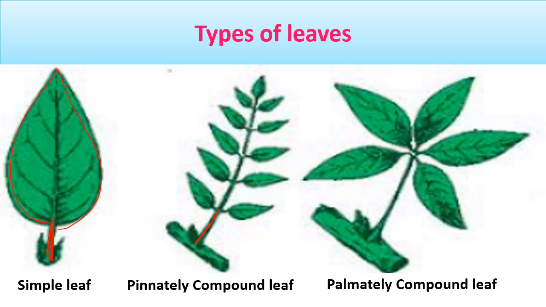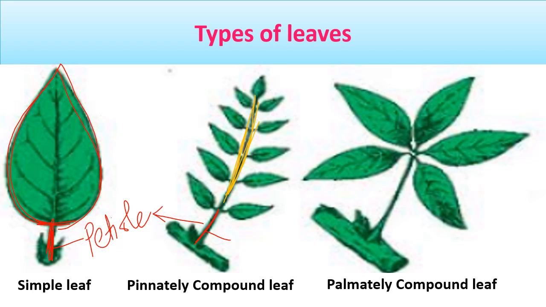Next to this, see this part. Now look here, this part and this part is actually called the petiole. So the petiole finishes here and it is bearing a leaf.